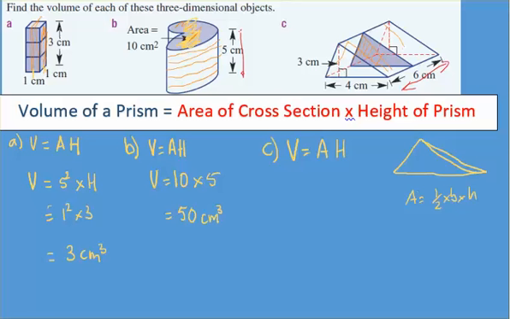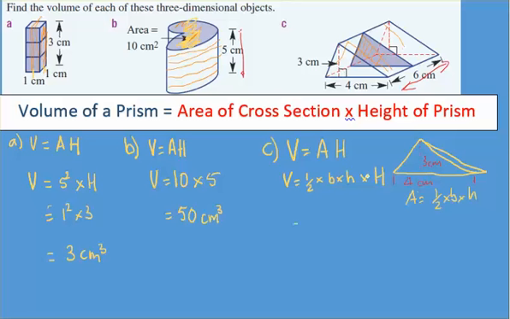It says 3 centimeters, so that distance there is 3 centimeters, and the base from there to there is 4 centimeters. So we write that in there, and we write down V equals 1/2 times the base times the height. This is why I've used a capital H, times the height of the prism.